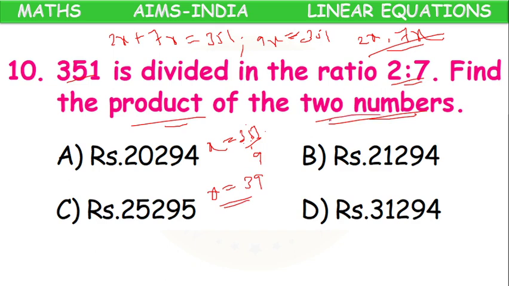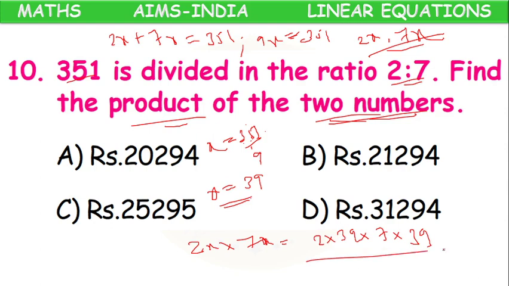Now they are asking what is the product of two numbers. What are two numbers? 2x into 7x. But what is x value? 39. 2 into 39 into 7 into 39. If you multiply all, the product will be 2 times 7, 14, into 39 into 39.